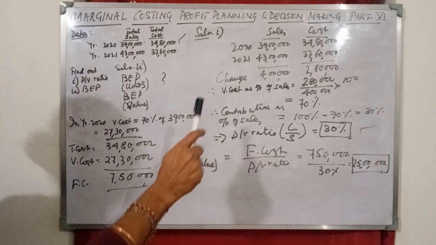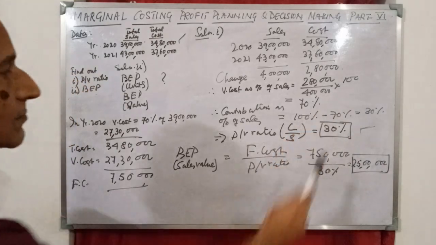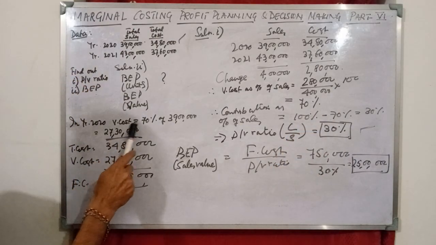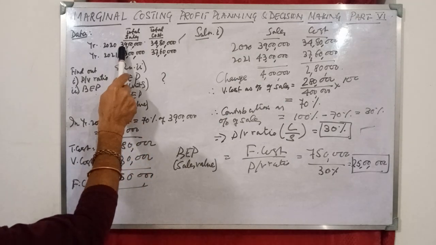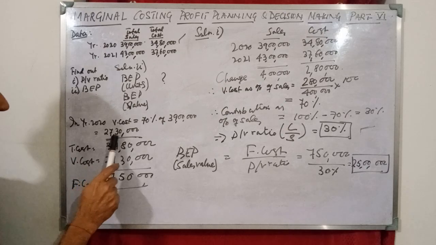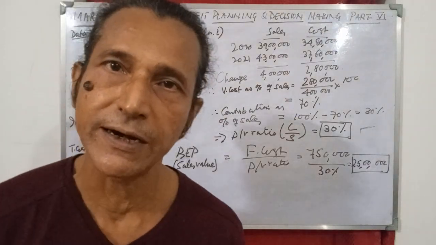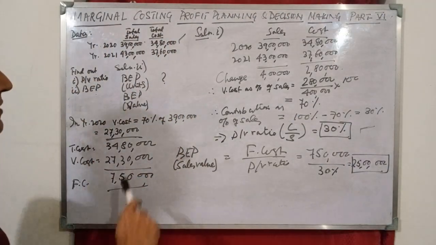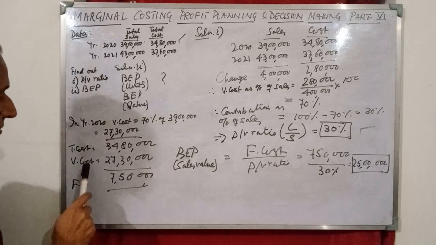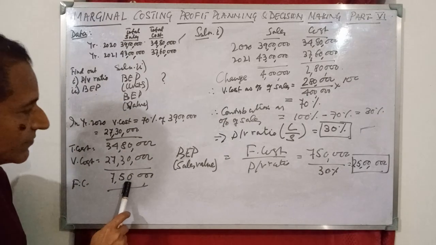How? Variable cost is given, it is 70% of sales. Therefore, in year 2020, the variable cost is 70% of 39 lakh. So variable cost in year 2020 is 27,30,000. And what is the total cost? 34,80,000. So we deduct variable cost from total cost and find out the fixed cost, which is 750,000.